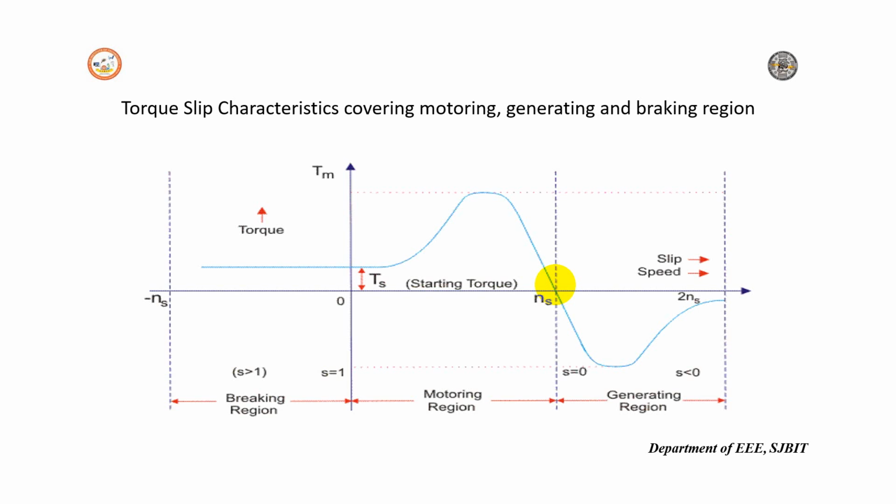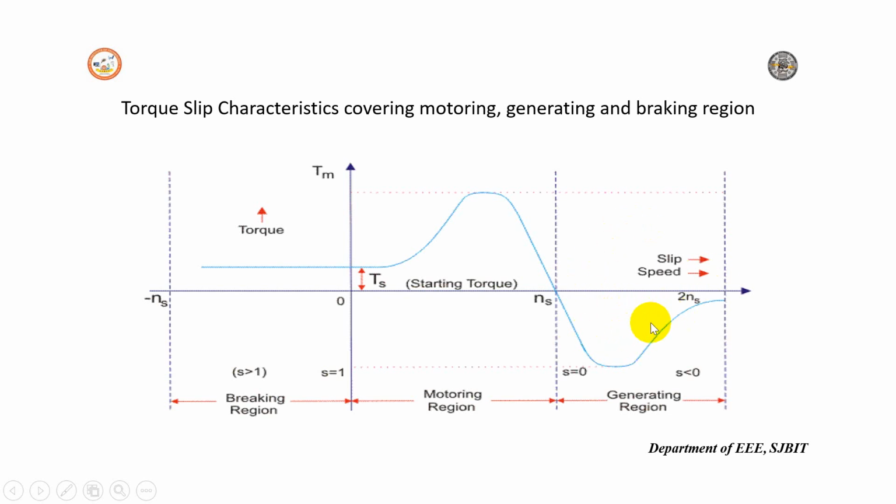Externally we need to make the induction motor run above the synchronous speed. So we use a prime mover to bring up the speed of this induction motor above the synchronous speed, so that it works as a generator.